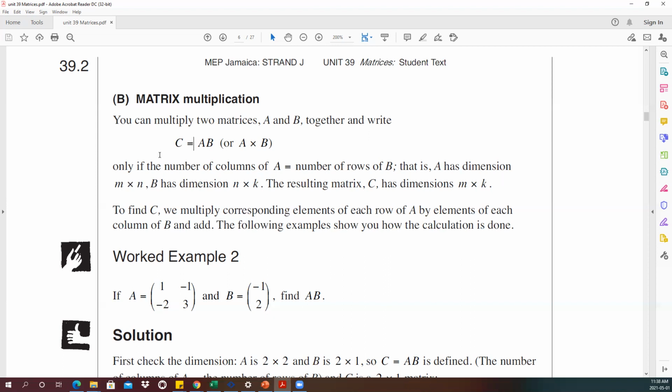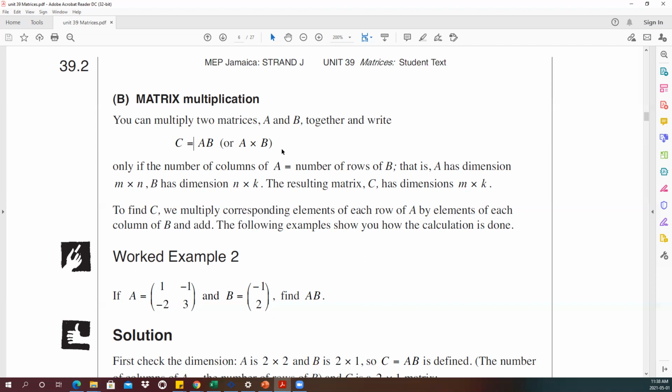So check this out. Say you have the matrix A with dimension M by N, and matrix B with dimensions N by K. To test if they can actually multiply, you look at the N right here and the N right here.